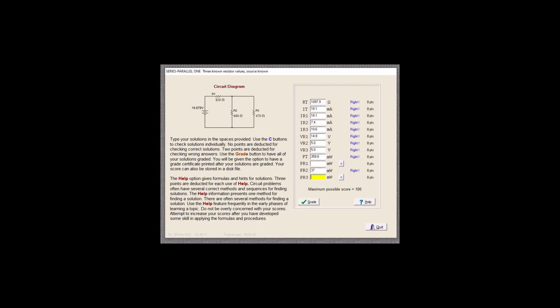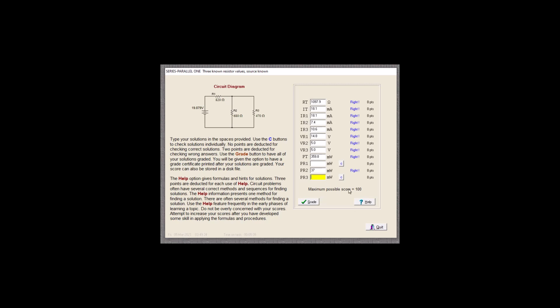divided by 470. Excuse me. 5 volts times 470. Excuse me, nope, neither. So we have 5 volts times our current. We have 10.6 E minus 3. And I got 510.